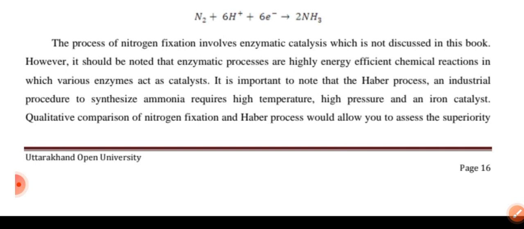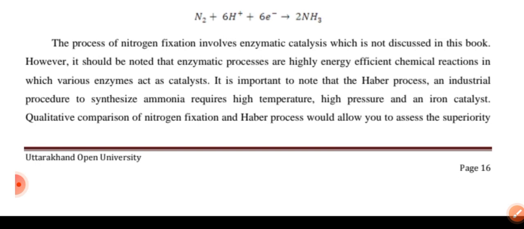The process of nitrogen fixation involves enzymatic catalysis, which is not discussed in this book. However, it should be noted that enzymatic processes are highly energy efficient chemical reactions in which various enzymes act as catalysts. It is important to know that Haber's process, an industrial procedure to synthesize ammonia, requires high temperature, high pressure, and an iron catalyst.